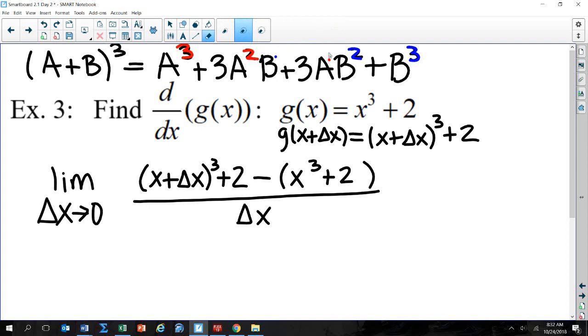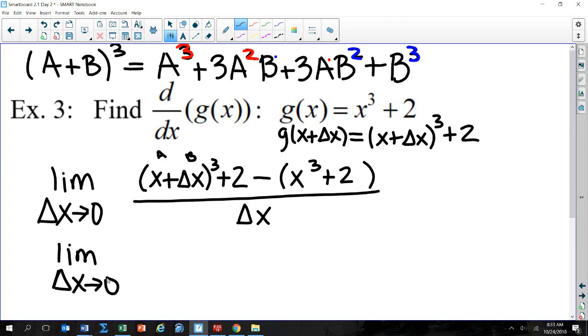Okay? I just look at that pattern, and that helps me remember it. Okay, so let's use that pattern. Everywhere I see an A, I'm going to replace it with x. And everywhere I see a B in that pattern, I'm going to replace it with delta x. Okay, so that's what I'm doing. I'm using that formula to go on. All right, so what do we have?